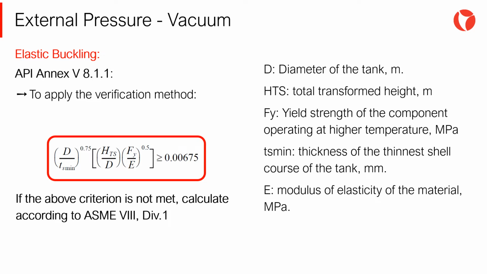If this criterion is not met, the external pressure check must be carried out according to the ASME 8 Division 1 code for pressure vessels.